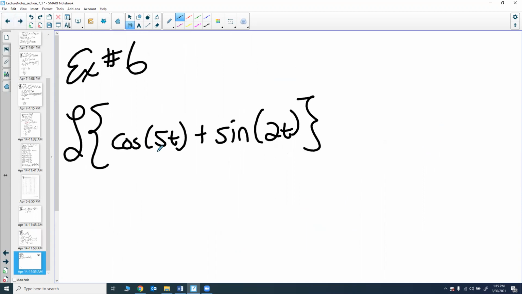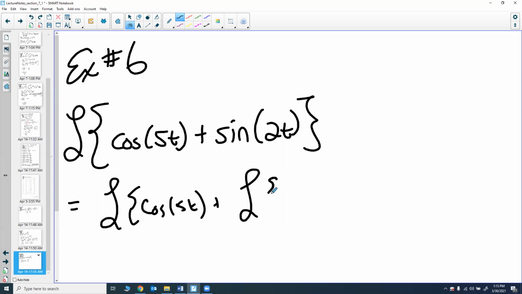Let's do one more. Let's do the Laplace transform of the cosine of 5t plus the sine of 2t. Again, this is the Laplace of a linear combination. That'd be the Laplace of the cosine of 5t plus the Laplace of the sine of 2t.